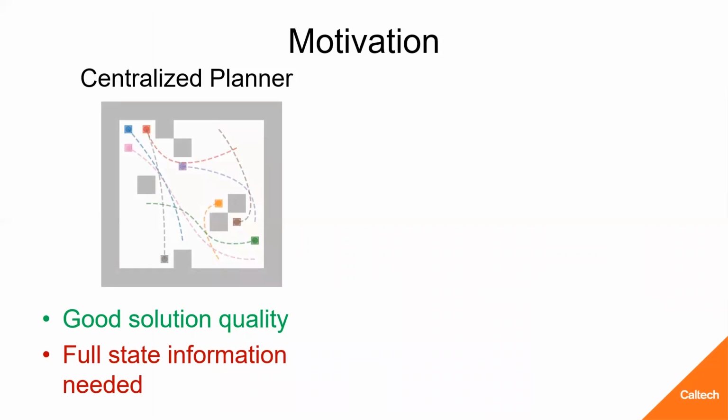The great thing is that you typically have good solution quality, sometimes even with nice theoretical guarantees. But the downside is that it can take a long time, on the order of minutes on a regular PC. And of course, it's centralized and you need full state information, so it's impractical to operate in dynamic environments.